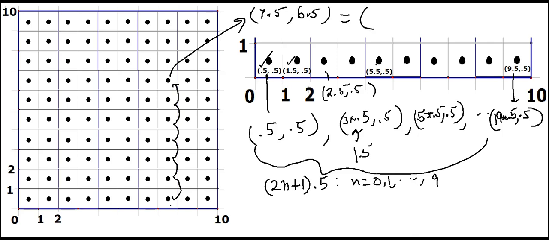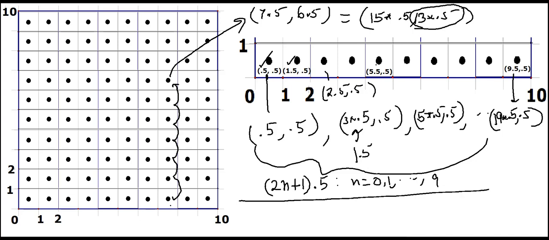So what are these? Just as before, the first coordinate is 15 times 0.5, and the second one is 13 times 0.5. So if I look at the variation of the second coordinate, that also goes the same way.